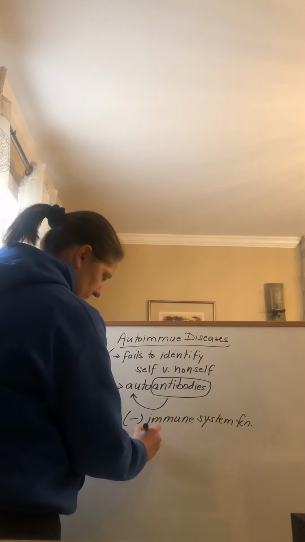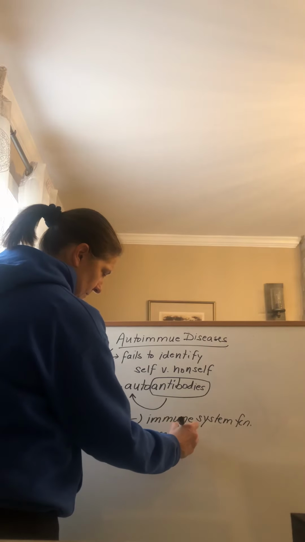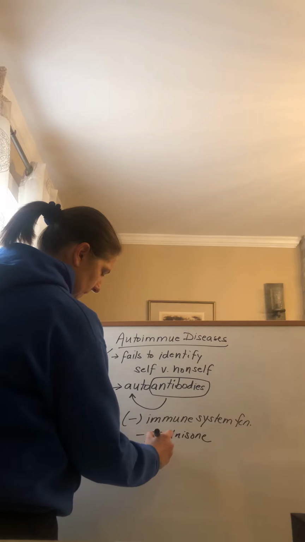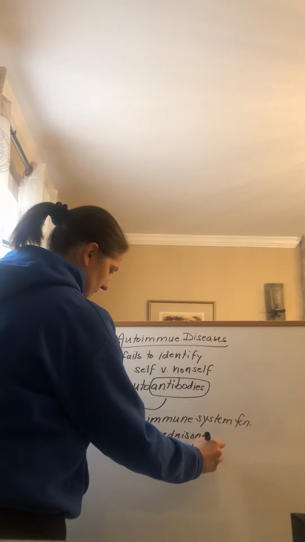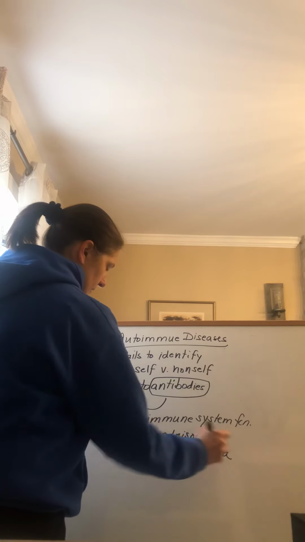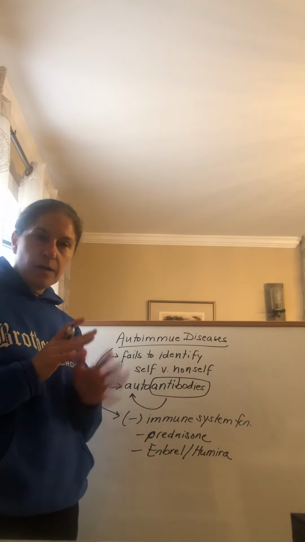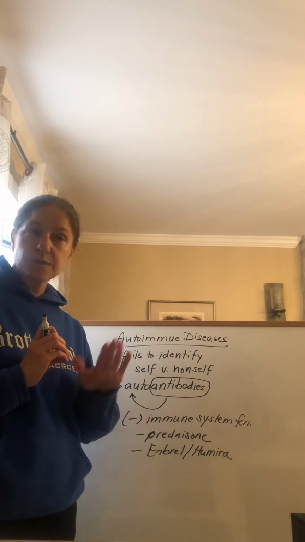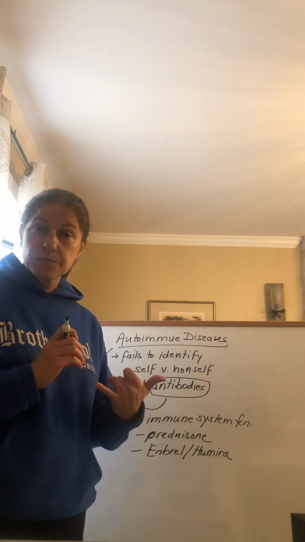So for a long time, people took corticosteroids like prednisone. But now you see things like Enbrel or Humira. Those are leukotriene receptor antagonists. So they're a little bit different way of calming down the immune system so that it doesn't continually generate these autoantibodies and cause tissue damage, okay?